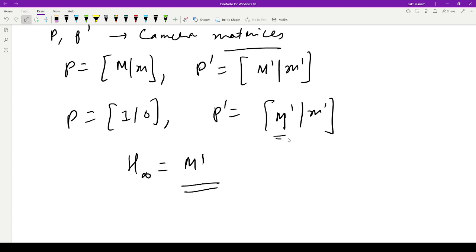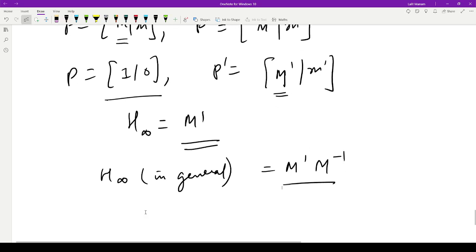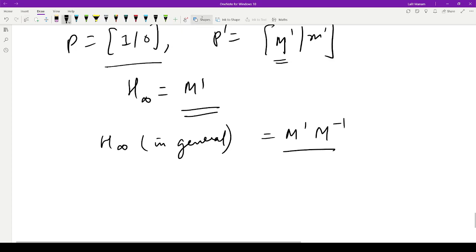Since it depends on these matrices only, H at infinity in general will be M prime M inverse. That's all. We're just trying to make it identity somehow. If you make this identity, you have to compensate for that here. Okay, we'll prove it. How does it even come out?